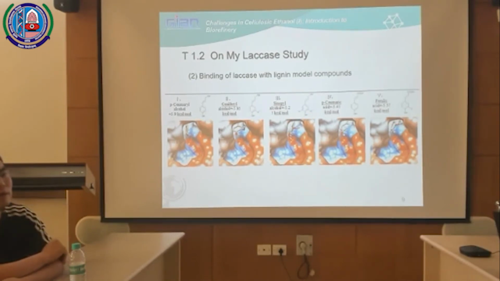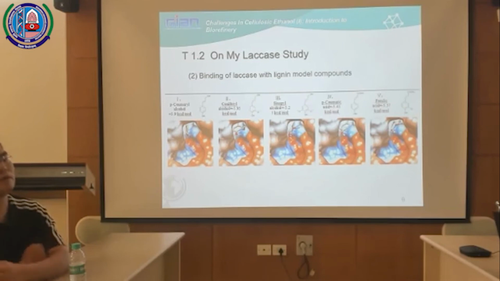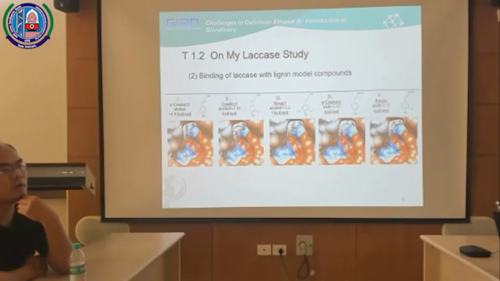Can you tell me something about isoforms? Laccases have multiple isoforms, multiple forms of laccase. So the enzyme on which we are working might be in one form of laccase.